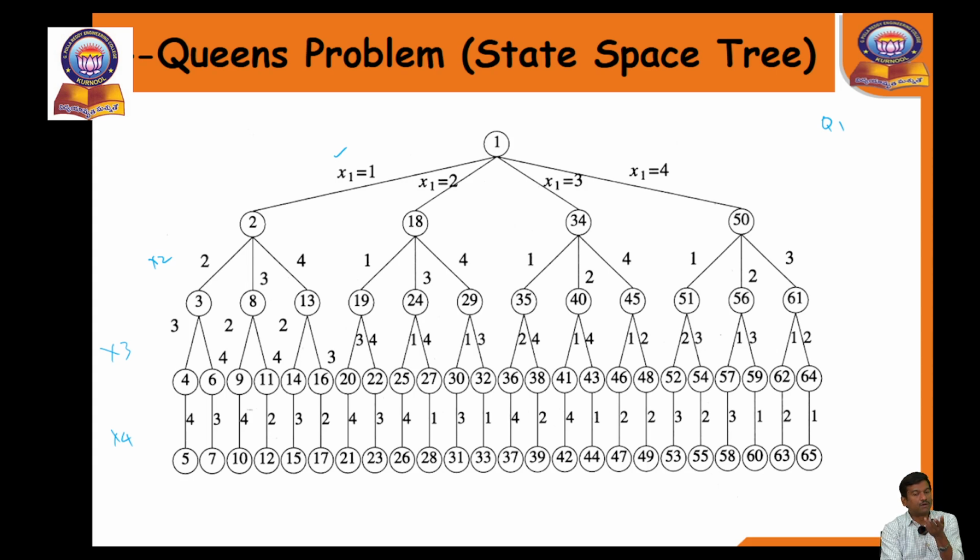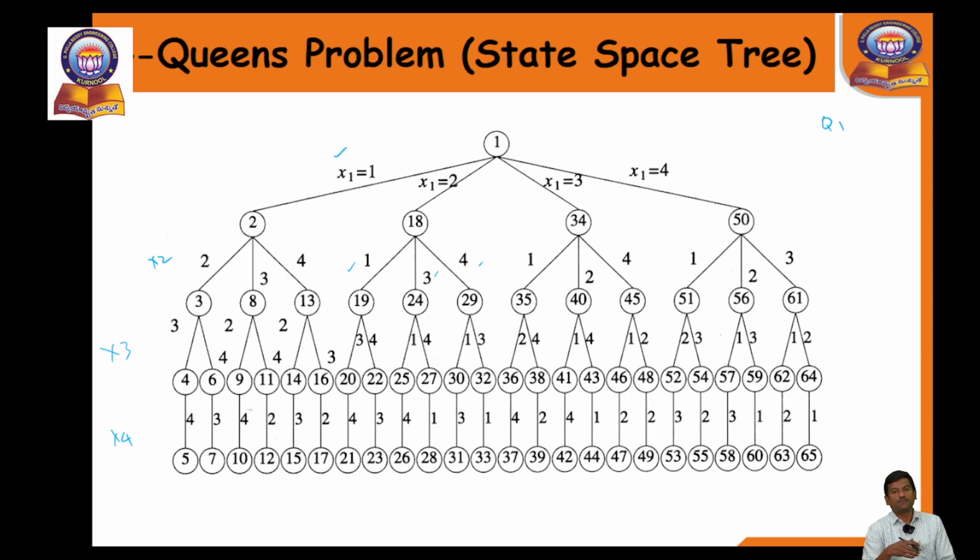So if you take queen 1, which can be placed in your first row, second column, then I can place queen 2 in either the second row first column, or the third column, or the fourth column.